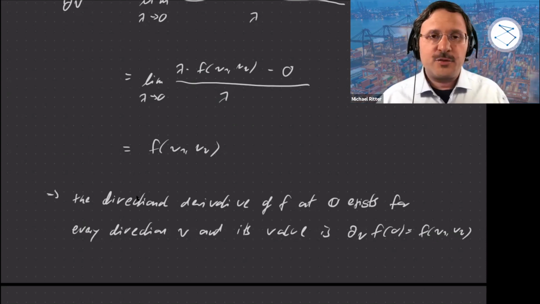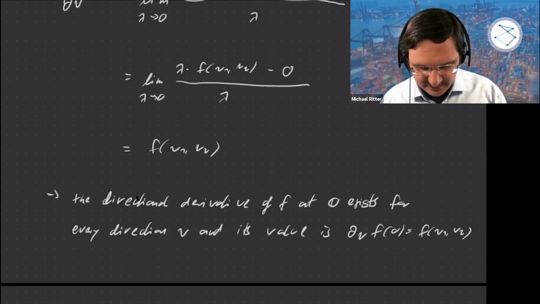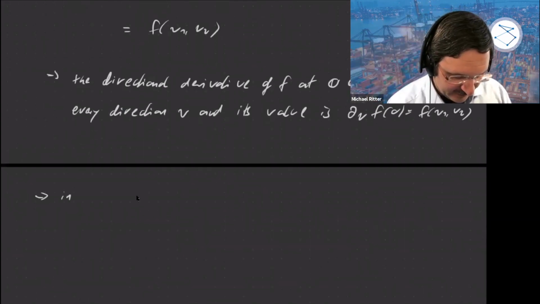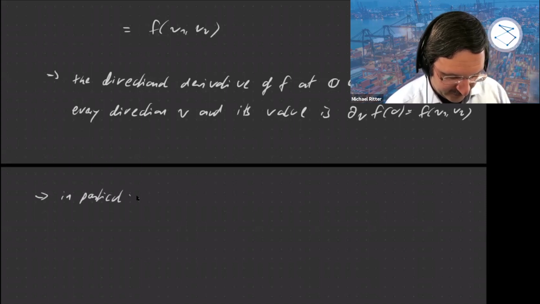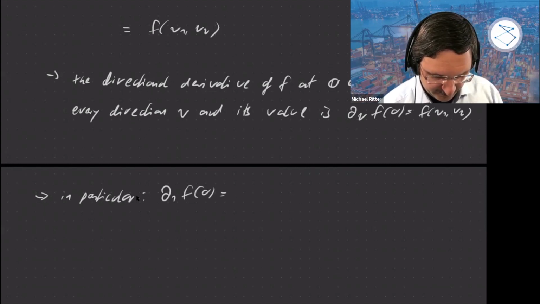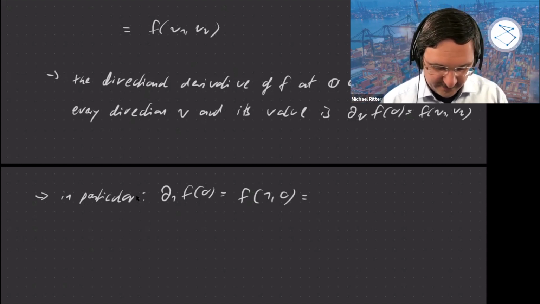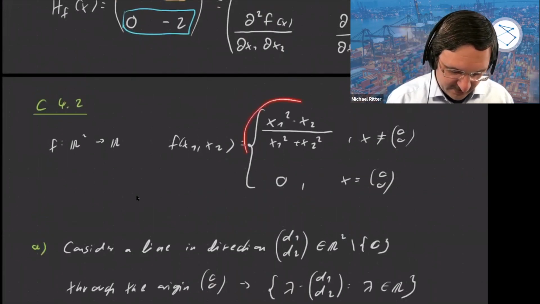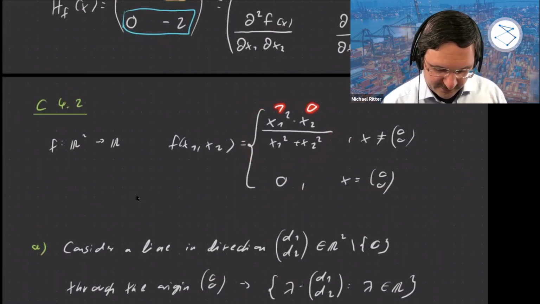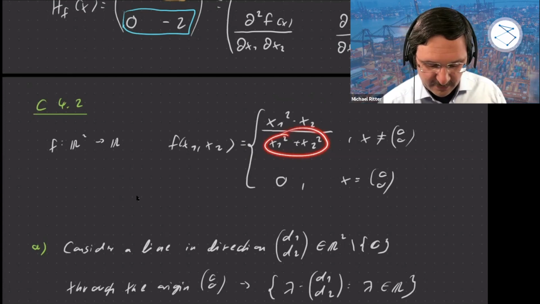In particular, of course, we can consider as directions our coordinate axes. We can consider the x1 axis and the x2 axis. And in that case, we get those values here in particular. So d1 f of 0 is simply f of the vector 1, 0. And now again, if we scroll back to the definition of f, that would mean here, we have a 1 here, a 0 here. That gives us a numerator of 0 and a denominator of 1 plus 0.